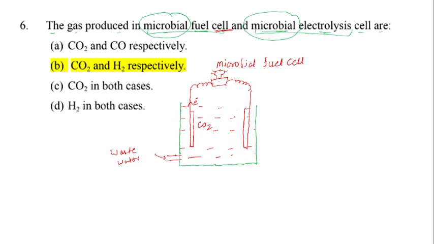Then this electron will come here through the circuit. Finally it will be here, and from here you are providing air. Air means oxygen. So what will happen? The electrons which are coming here will react with oxygen and reduce oxygen.